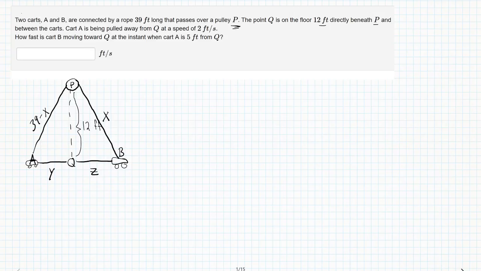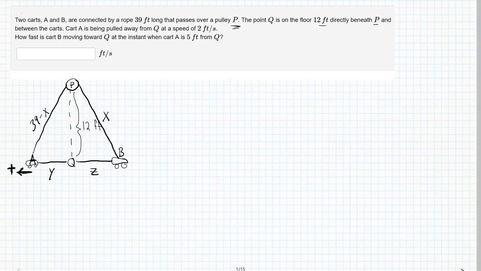Let's see. So we already used that 39 minus X with the rope there. We have cart A is being pulled away from Q at a speed of 2 feet per second. Okay, so cart A is being pulled away. So that means we're going to be heading this way. If it's being pulled away, we'll have this be the positive direction.